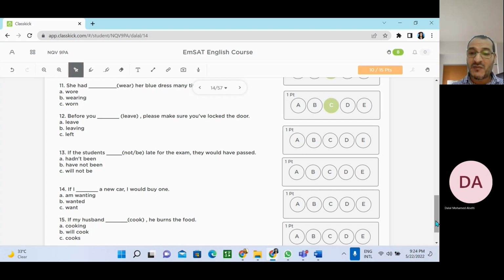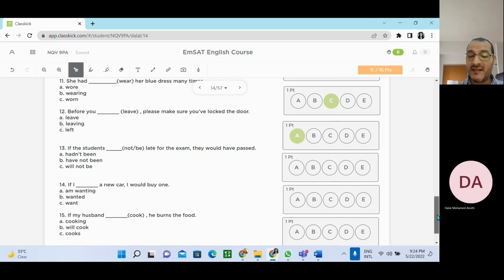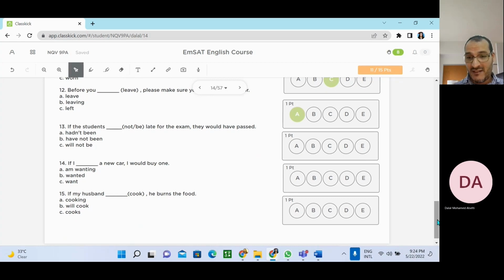In this case, the first part must be present tense as well. Before you leave, please make sure to do something, or that you have already done something. This is good information. So there's a kind of tense agreement, like subject-verb agreement. Okay, next one.